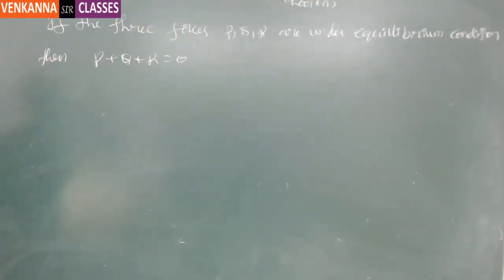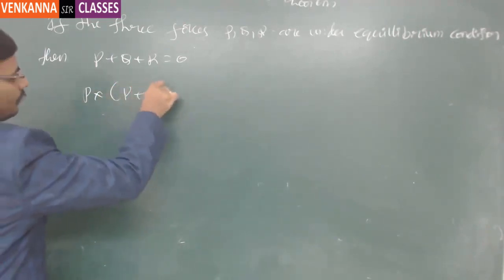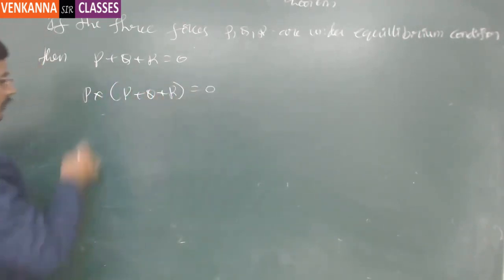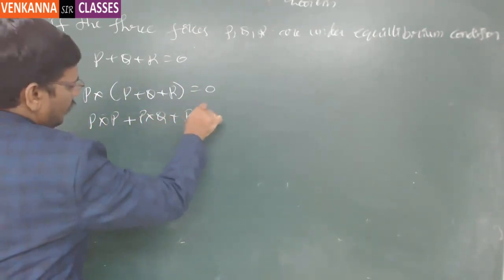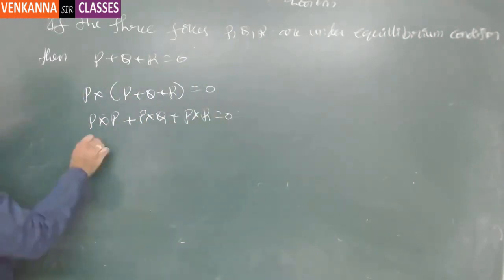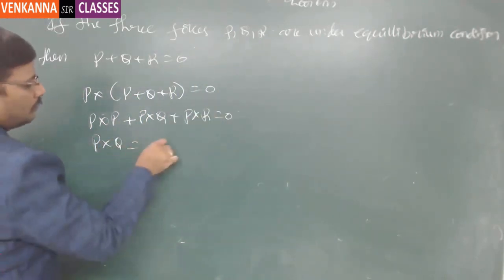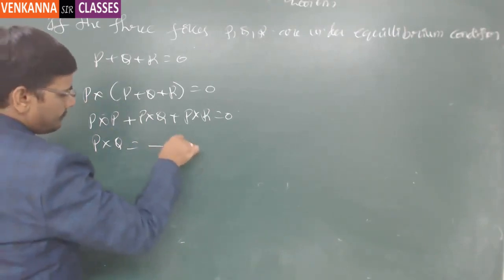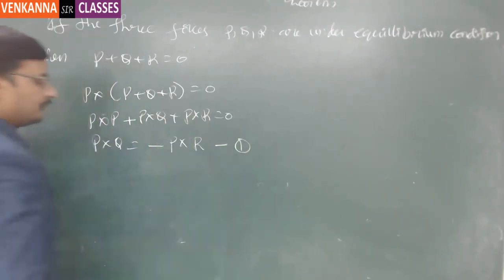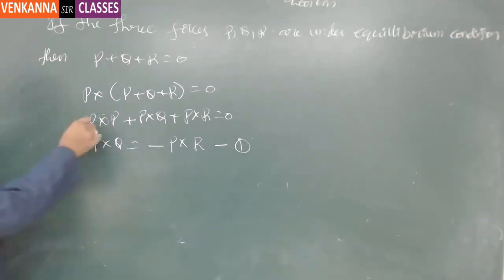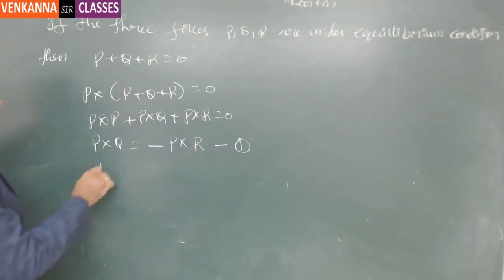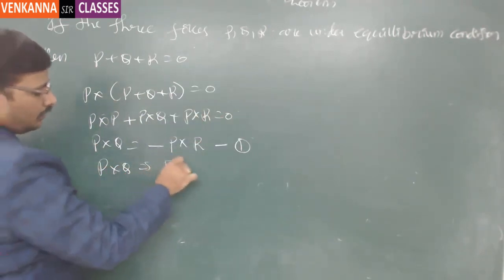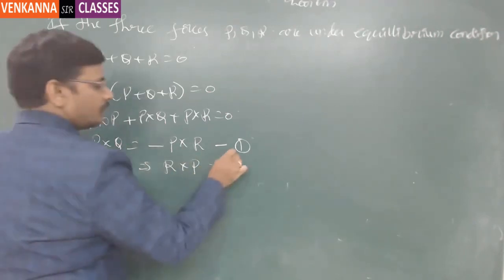For this relation, if you take a cross product with P, then P cross (P plus Q plus R) is equal to 0, or P cross P plus P cross Q plus P cross R is equal to 0, or P cross Q is equal to minus P cross R. Because P cross P is equal to 0, you can keep P cross Q here, and P cross R you can take to the other side. Or P cross Q is equal to R cross P. So this is equation number 1.